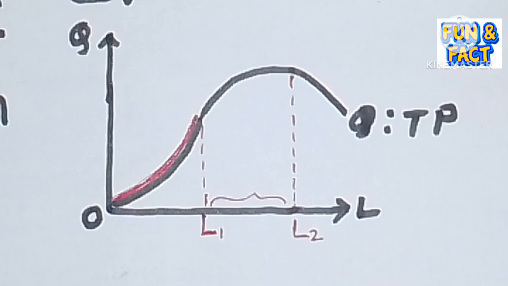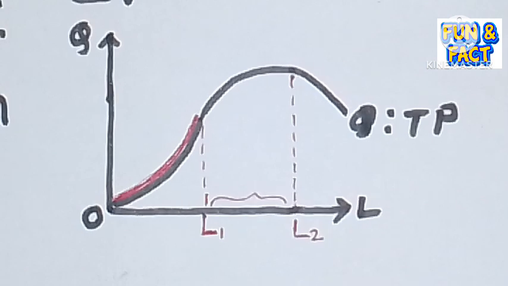Now we have to clarify what it means. It means the marginal product is decreasing but total product is still increasing. And initially for the level of OL1, we have said total product is increasingly increasing. That means marginal product is increasing and total product is also increasing.